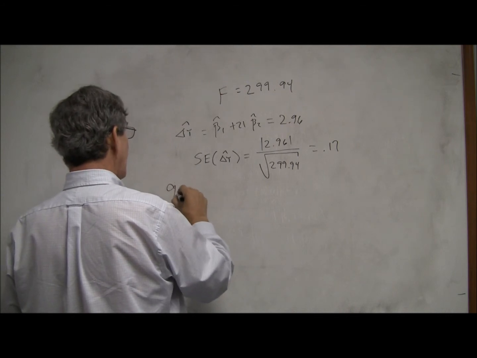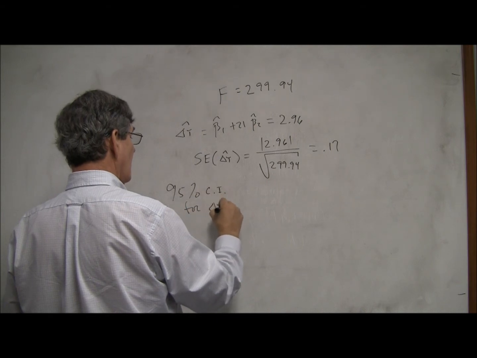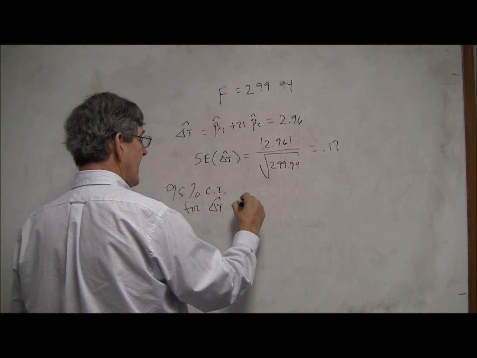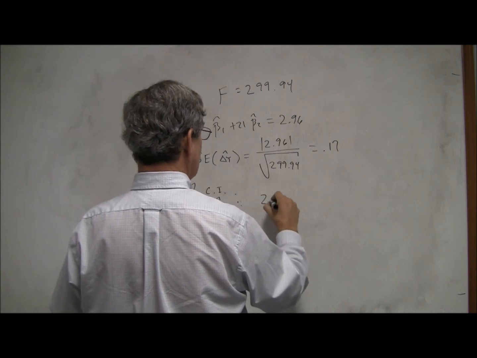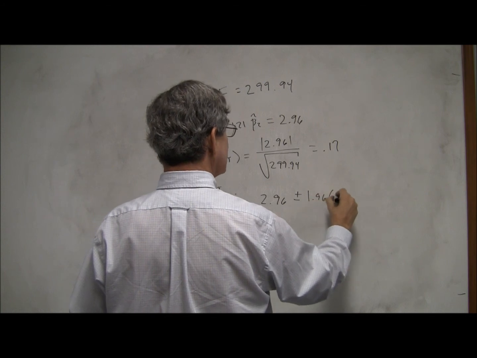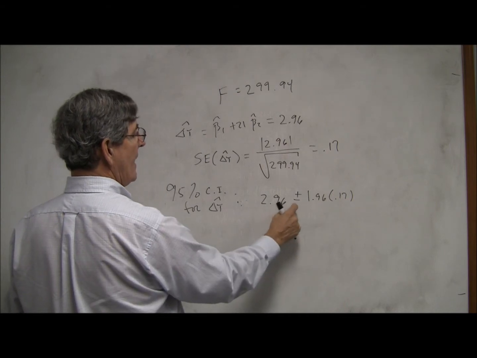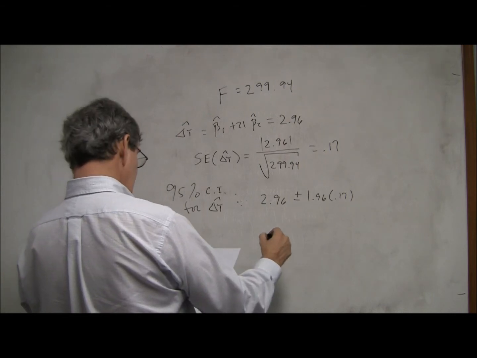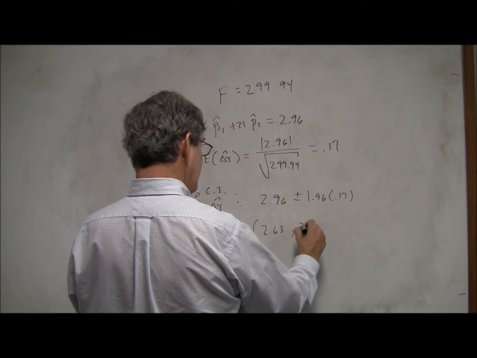So the 95% confidence interval for delta y, for the predicted change in y from a change in income from 10,000 to 11,000, is 2.96 plus or minus 1.96 times 0.17, the standard formula: delta y hat plus or minus 1.96 times the standard error of delta y hat. And so the confidence interval is 2.63 to 3.29.